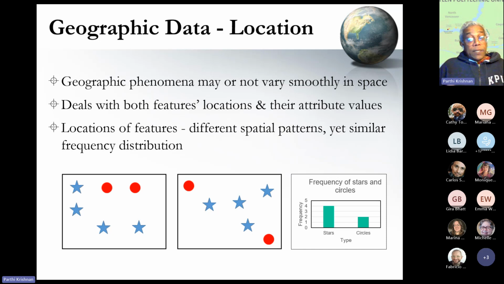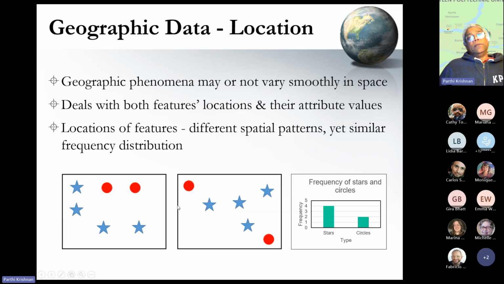So in this example, you can see how we can deal with just the locations of the features. Okay? In this simple example, I have two circles and four squares. And you can see that both the two diagrams show exactly the same number of circles and squares. The one on the left shows a more clustered pattern because the circles are together and the stars, sorry, I should have said stars, not squares, are in a simple C shape.